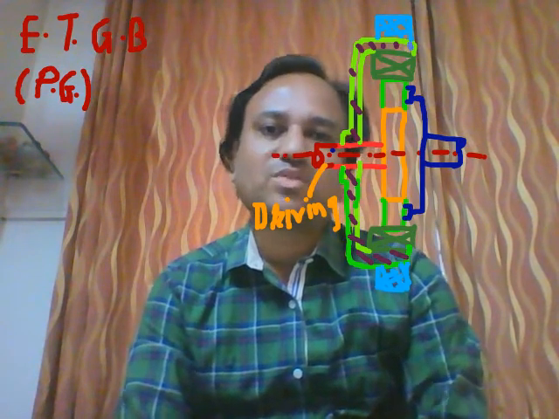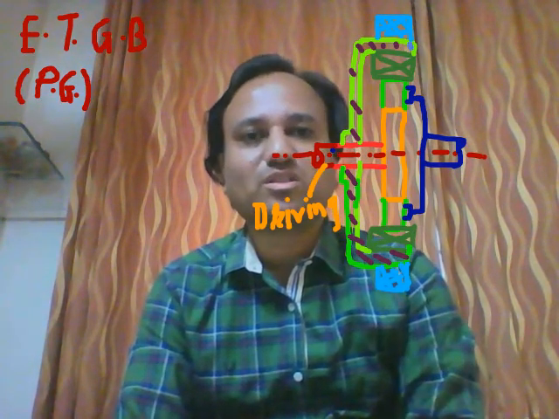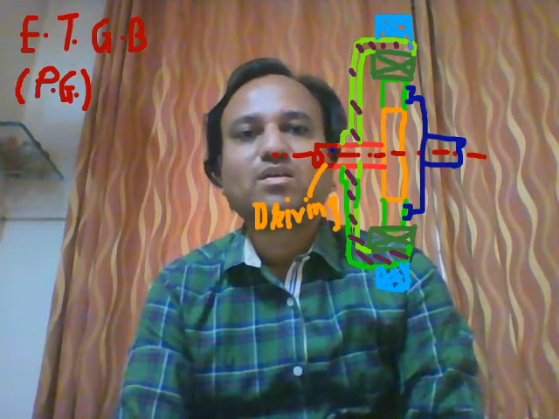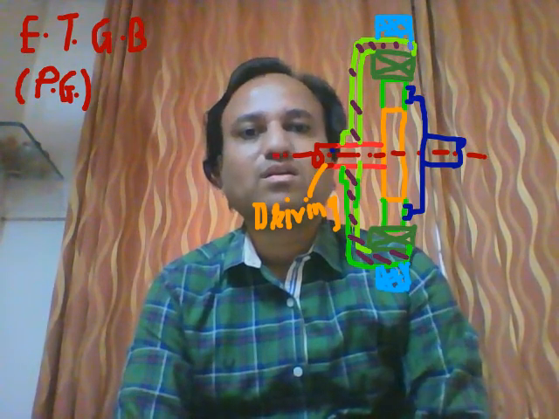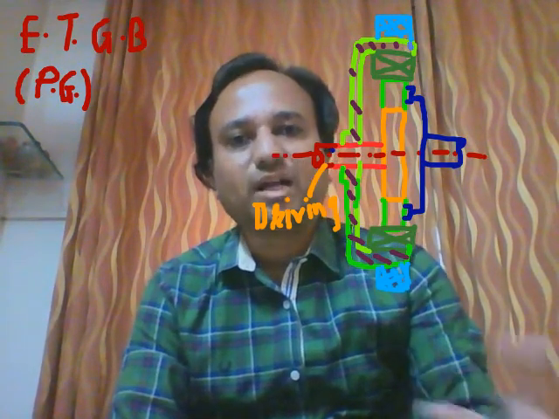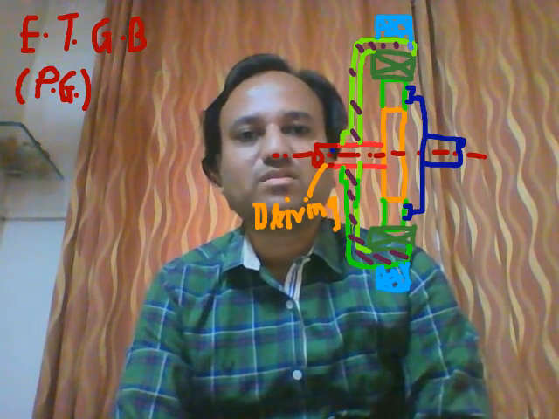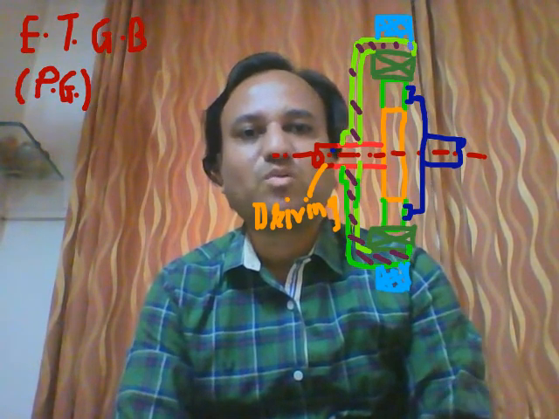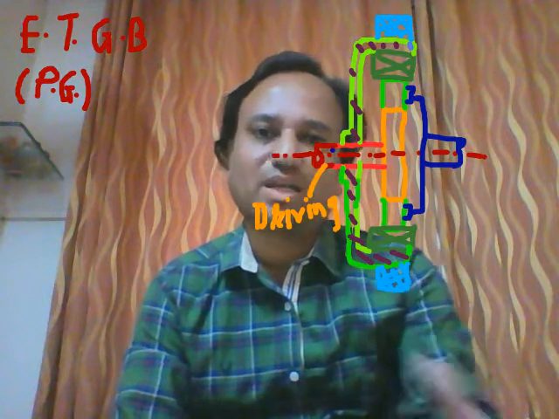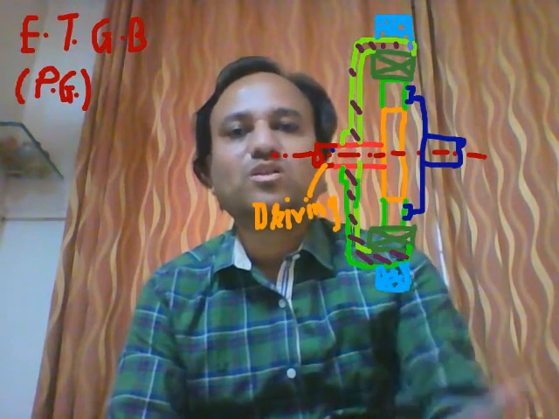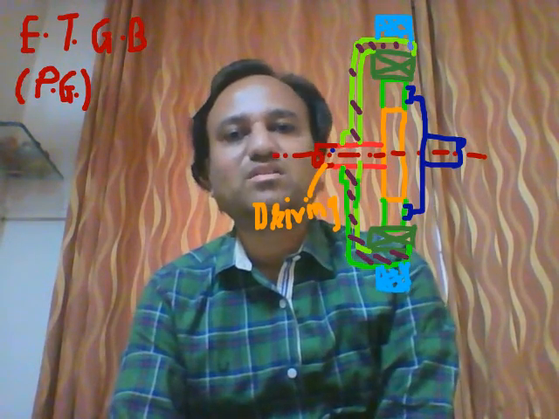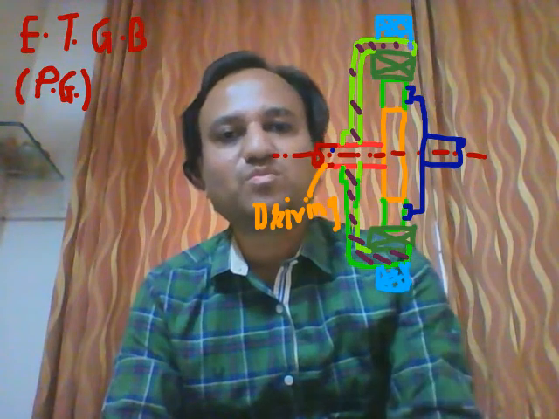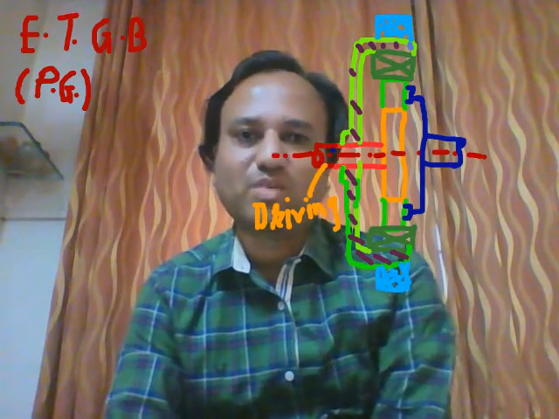In manual transmission, friction clutches are popularly used. If a vehicle has automatic transmission, then the combination will be like this: the planetary gearbox type, with a clutch combination of either torque converter or fluid coupling or fluid flywheel.